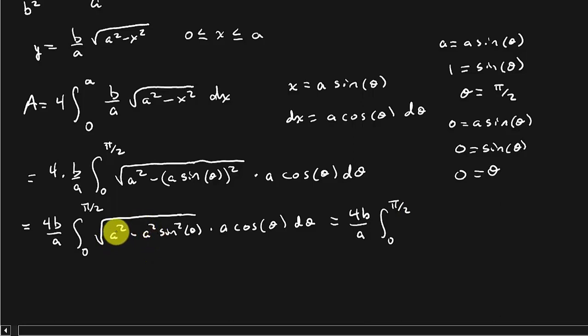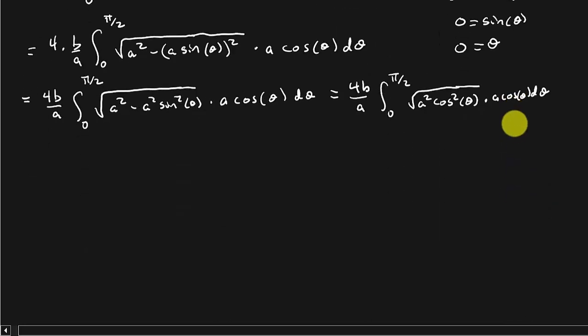Now I'm going to factor out a squared, so I've got a squared times 1 minus sine squared. 1 minus sine squared is cosine squared. So that's the square root of a squared cosine squared. That's what I showed in all that work in the first problem, times a cosine theta d theta.